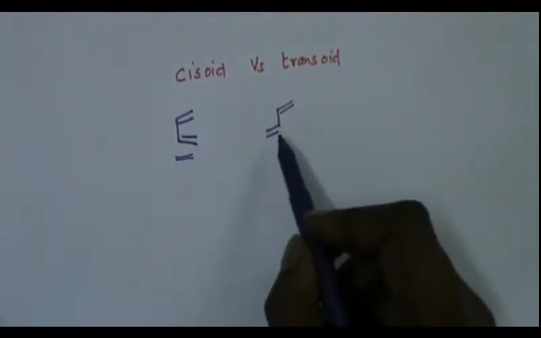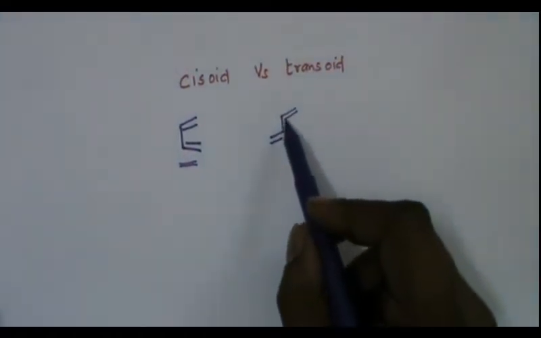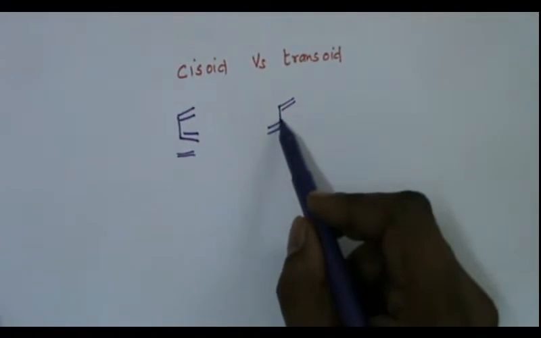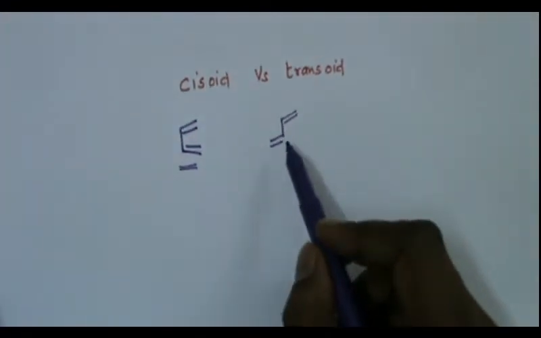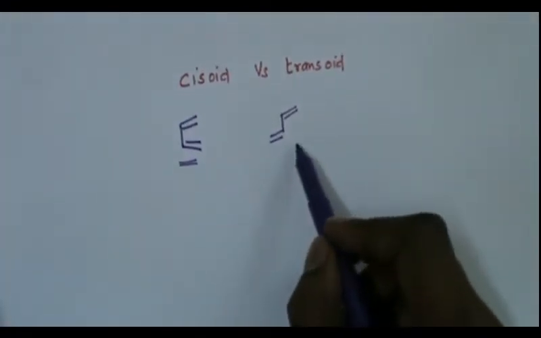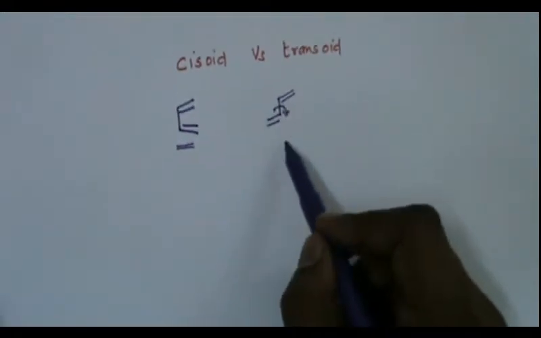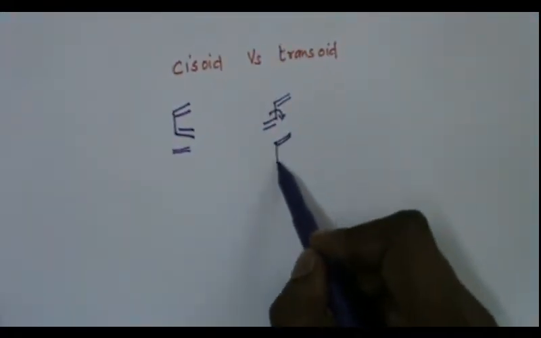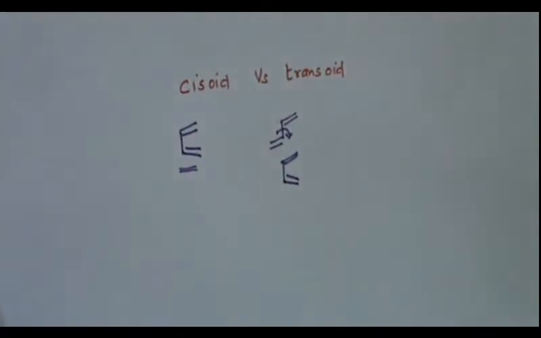For example, this one I can rotate through this bond by 180 degree to get the Cisoid conformer.